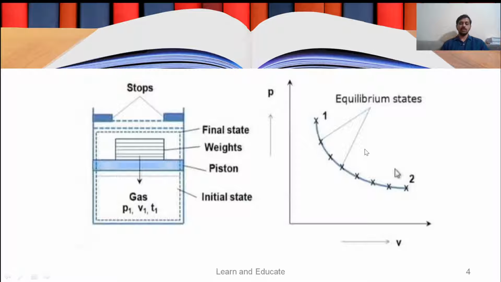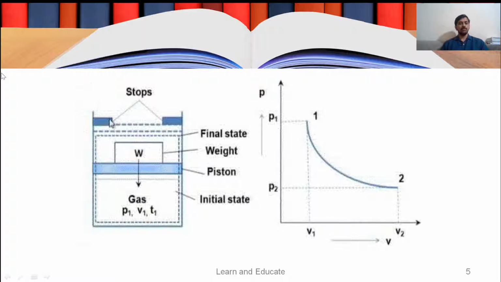Now let us analyze the same problem again, but here the difference is that instead of smaller weights, a large weight equal to the sum of the individual weights is placed on top of the piston.